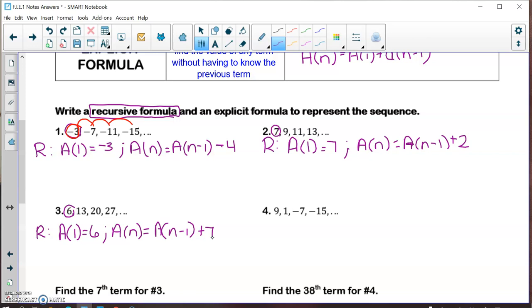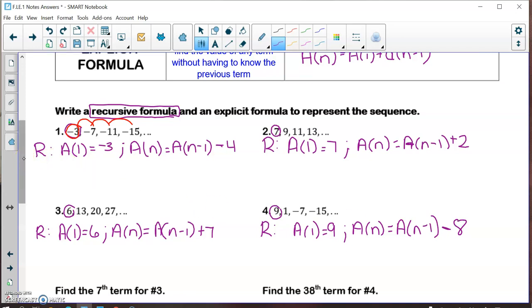And then the next one: a of 1 is equal to, then we report our first term, which is 9, and I draw a semicolon, and I write a of n is equal to a of n minus 1 plus -8, which is the same thing as just -8. All right, that's how we write the recursive formula.